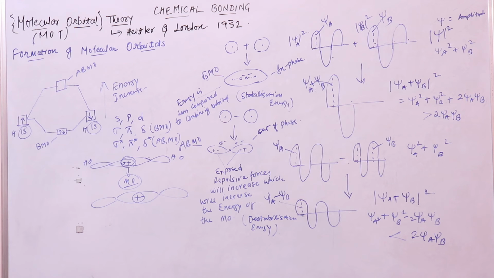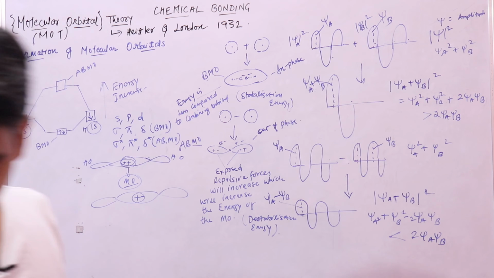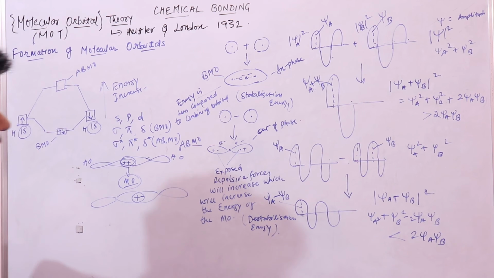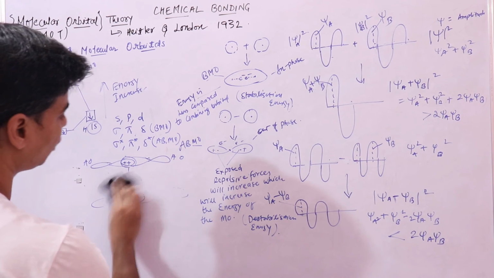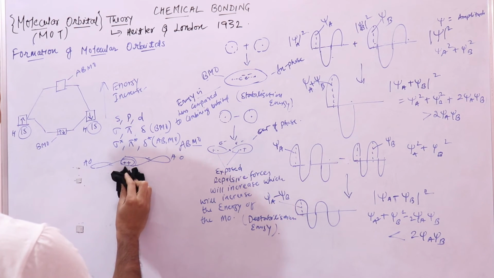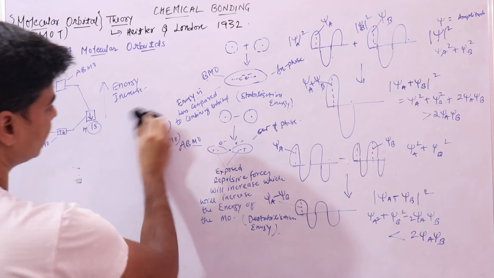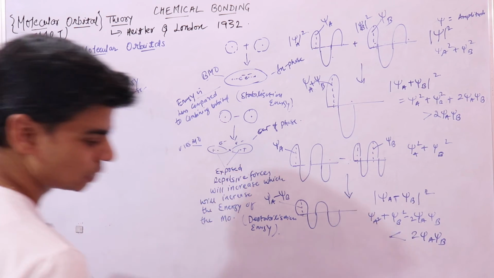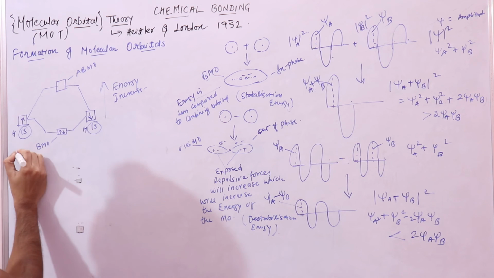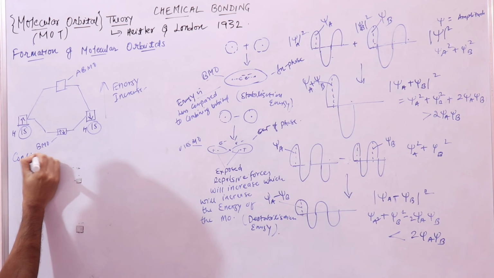There are certain conditions for the formation of molecular orbitals. The first is that the combining orbitals should have comparable energies, the same as when we did overlapping of atomic orbitals.